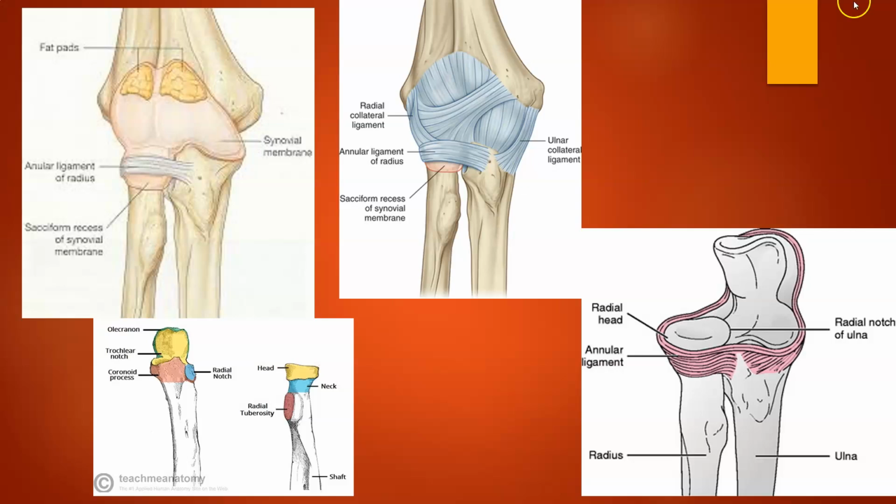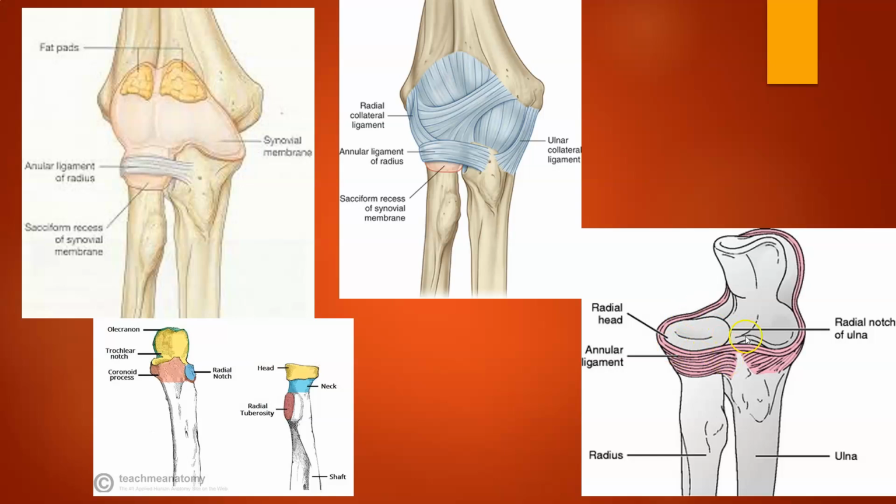For that to occur, the radial head needs to be able to spin here. And of course, that spin is held in place by the annular ligament, but also remembering that the radial notch of the ulna takes in the head of the radius.